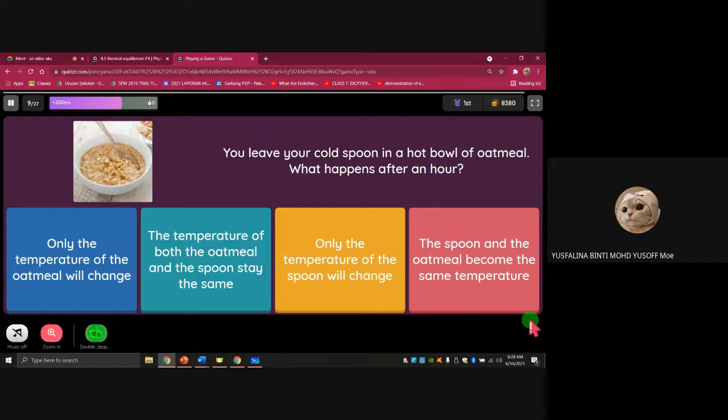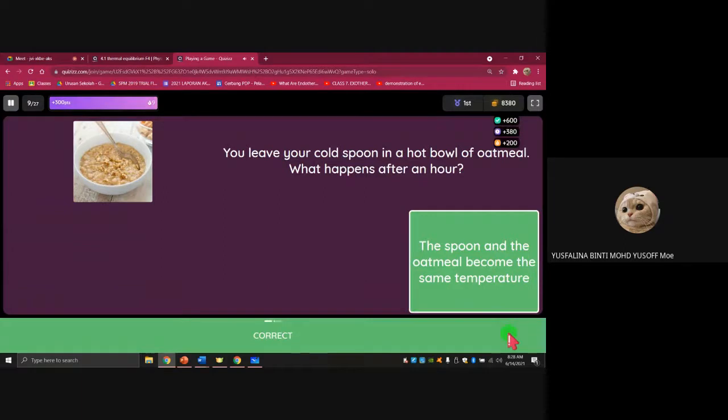Krisha? Number 4, the spoon and the oatmeal become the same temperature. Yes, it reached thermal equilibrium.